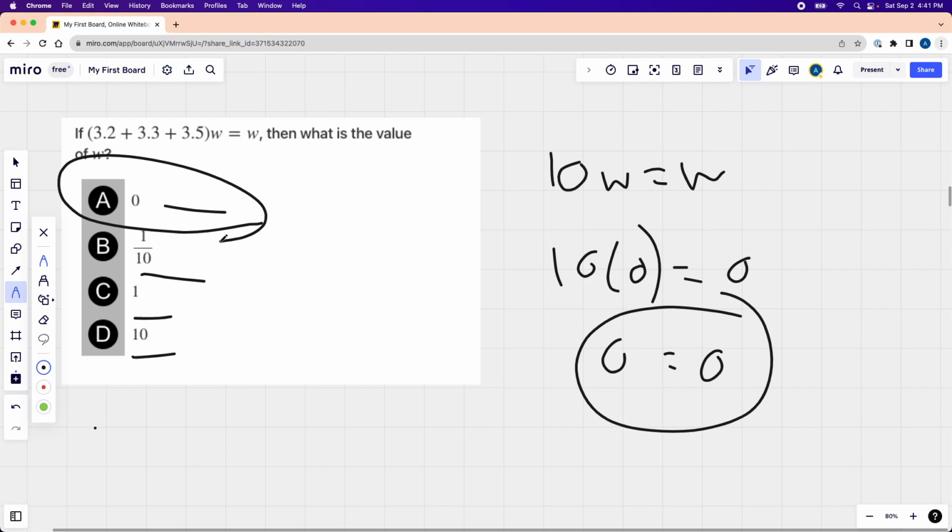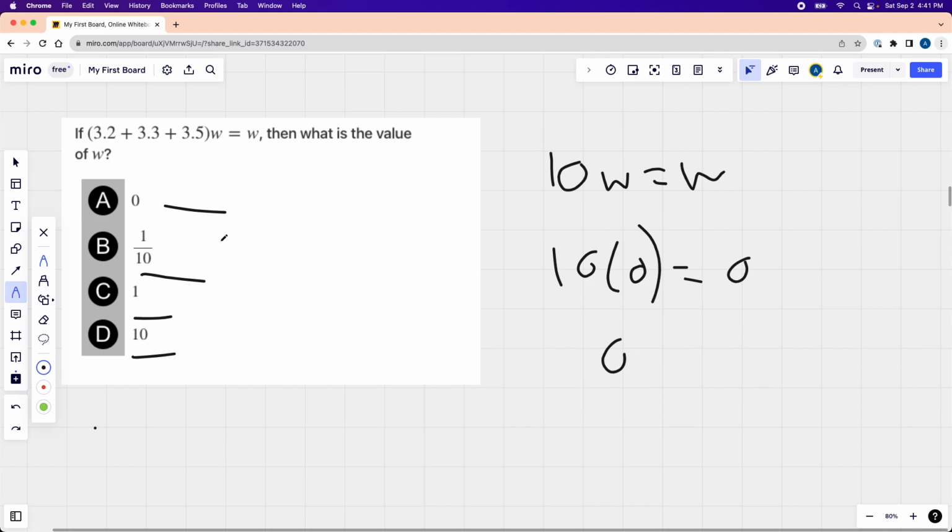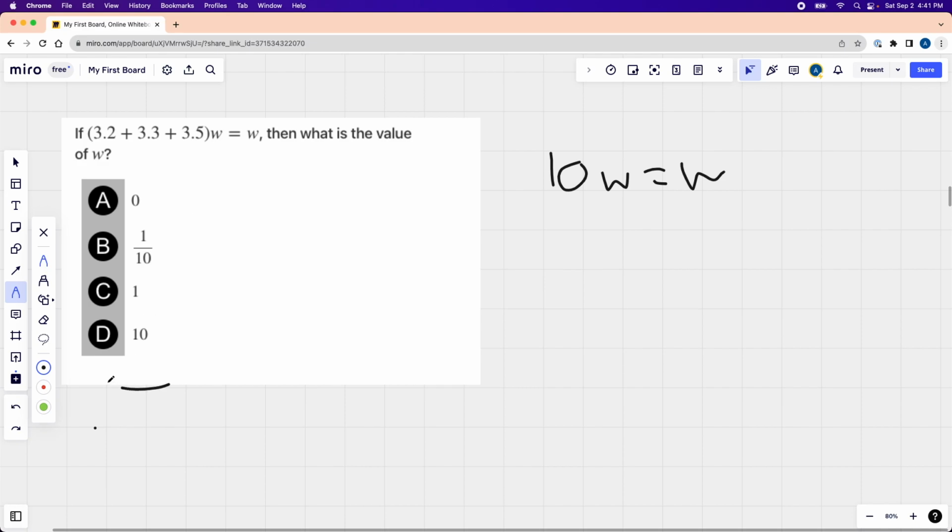Another tip for these types of tests is to try to eliminate as many answers as you can. Right off the bat, we're given 4 possible answers, so even if you guess, you have a 1 in 4 chance, or a 25% chance, of guessing it right. If you can eliminate, let's say, 2 of the answers that for sure don't make any sense, now it's a guess between only 2 answers.